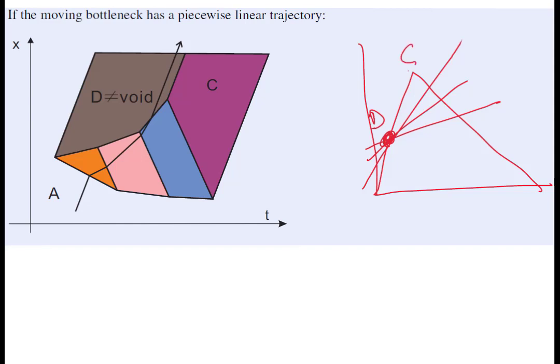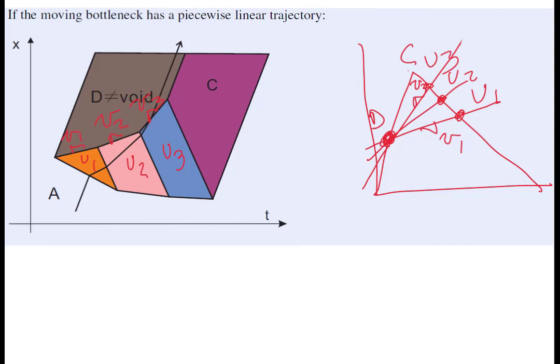That's capacity C. Then here you would have upstream state 1, upstream state 2, upstream state 3, corresponding to these 3 speeds, V1, V2, V3, of the bottleneck. That's the trajectory of the bottleneck, V1, V2, V3, hope you can see that. Those speeds will define the traffic states U1, U2, and U3, which are the ones here.